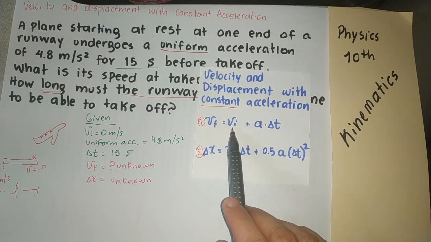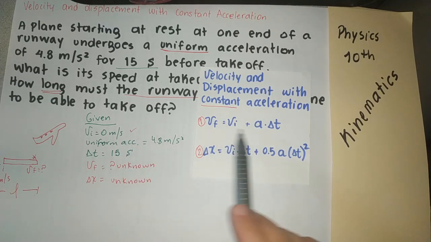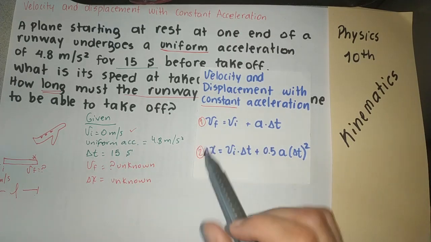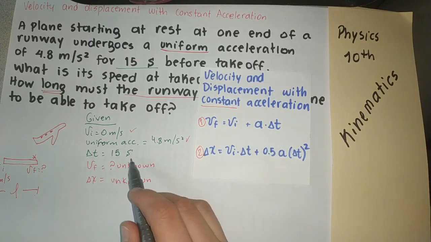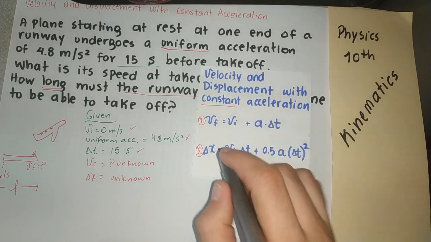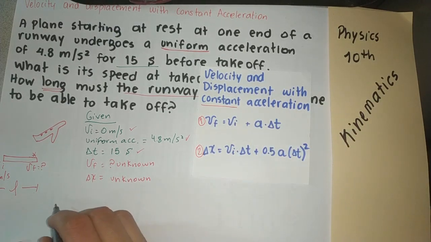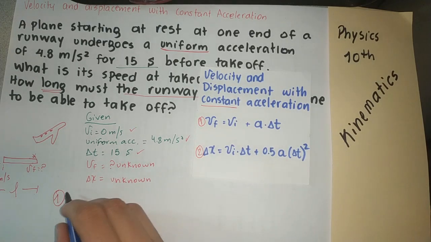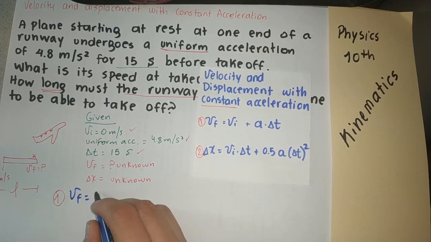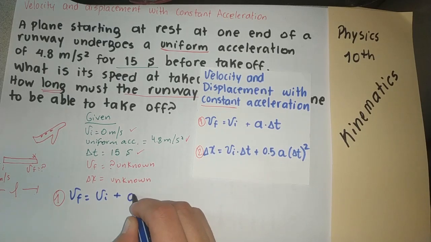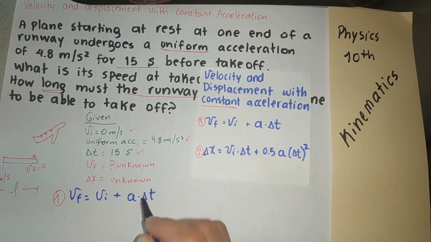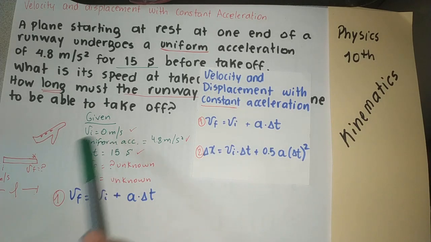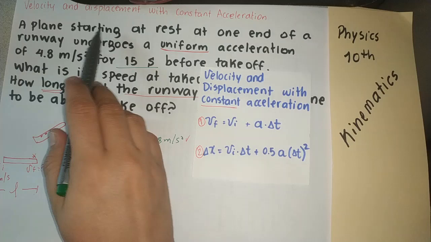Now, let's see if we have everything to find the final velocity. Do we have initial velocity? Yes, it's 0. Do we have acceleration? Yes. Do we have time? Yes. So we can start by finding the final velocity. Final velocity equals initial velocity plus acceleration multiplied by the time. The initial velocity is 0 because it says starts from rest.